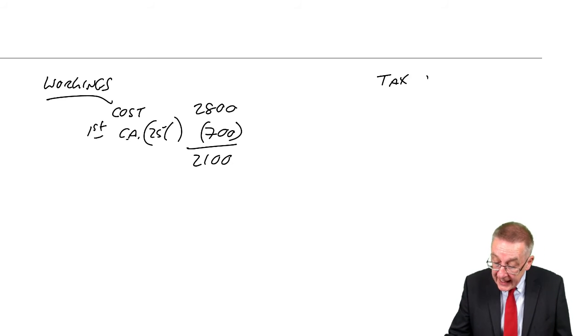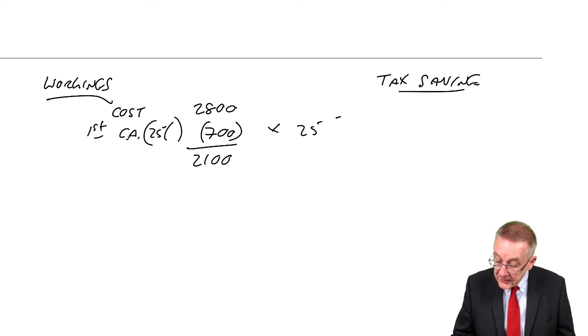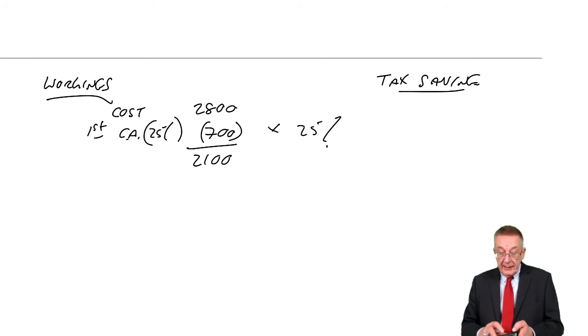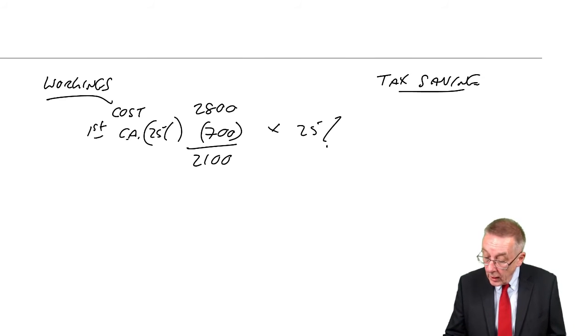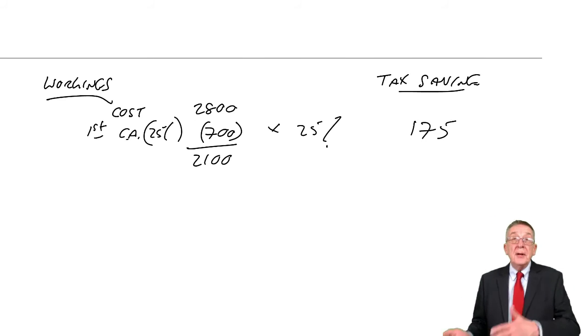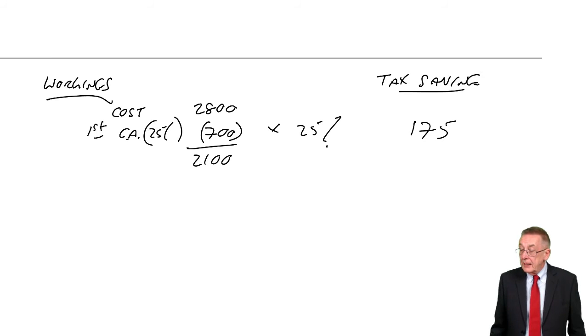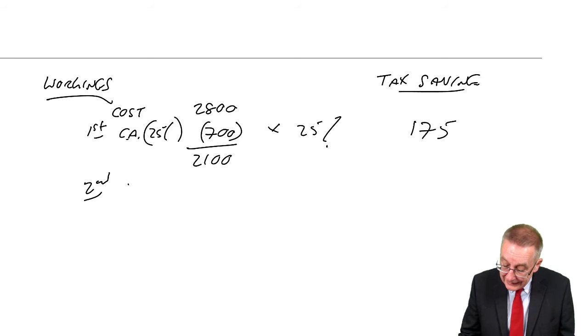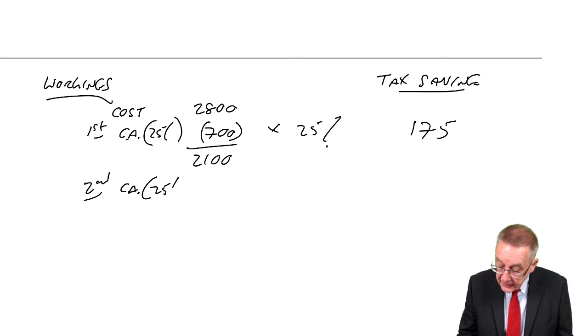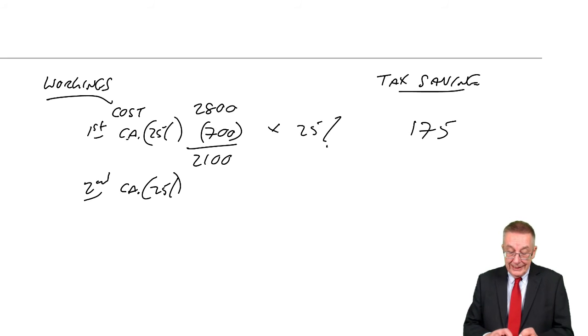So the tax saving, the tax rate is 25%. So a tax saving of 175. I'll put it on the cash flow table in a minute. Let's finish off the allowances. Second year, 25% of 2,100.